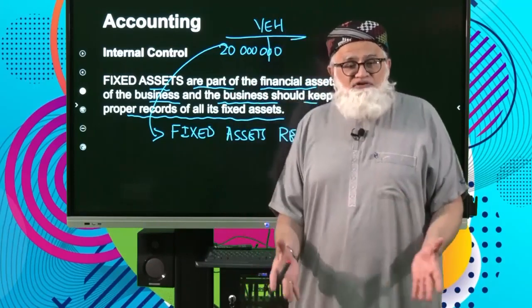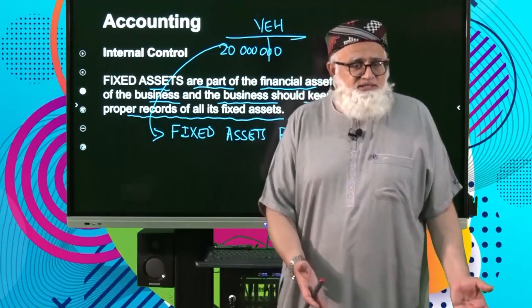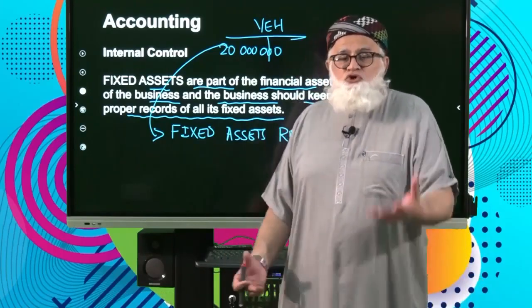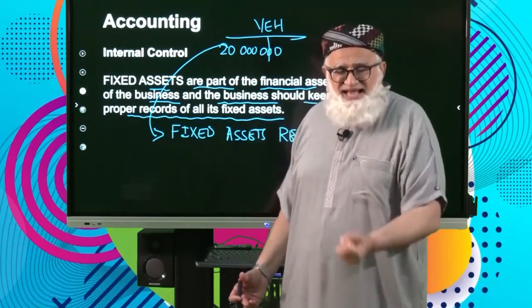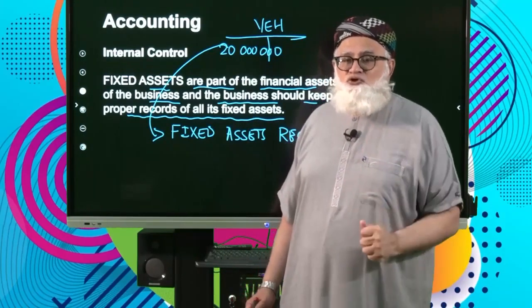So, like you have a register in school for your learners and your educators, by the same way, you will have a register of fixed assets, which will then be used as part of your internal control processes.